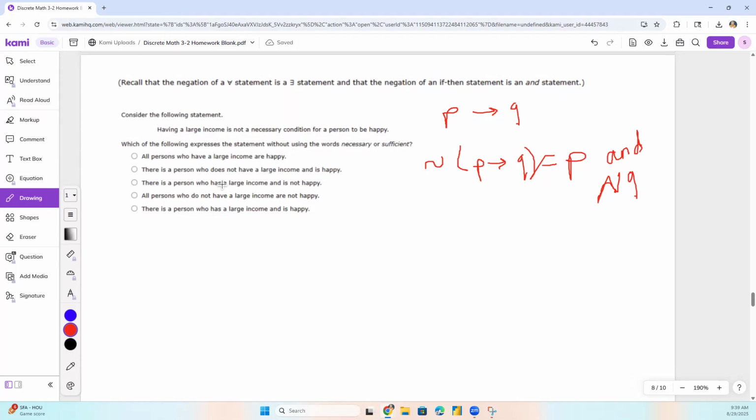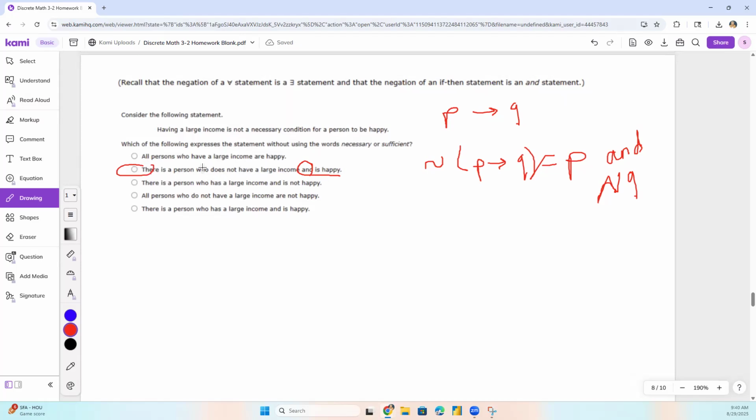For this one, the correct answer will be there's a person who doesn't have a large income and is happy. So we're changing not happy to is happy, and we're using and, and we're keeping the other part the same, who doesn't have the large income.